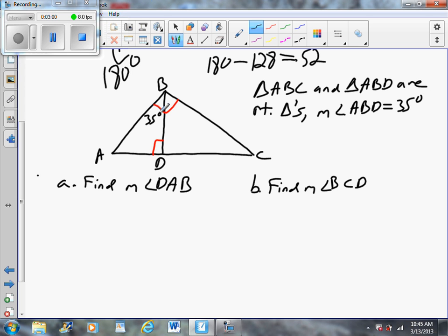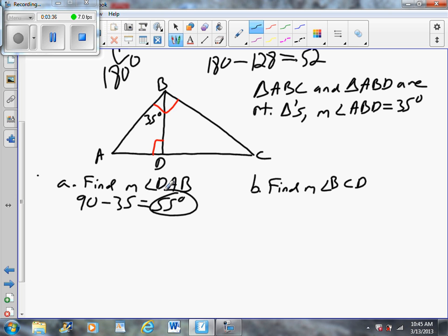Now, based on the corollary to the triangle angle sum theorem that says in a right triangle the two acute angles are complementary, equal to 90 degrees, what must this angle A here equal? 55, okay? How do you get that? You're going to say 90 minus 35, and that's where you get the 55 degrees.